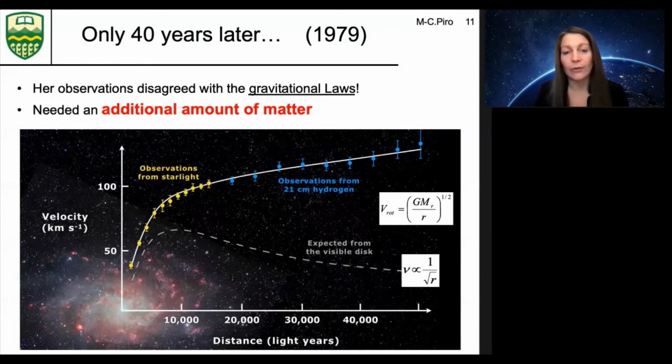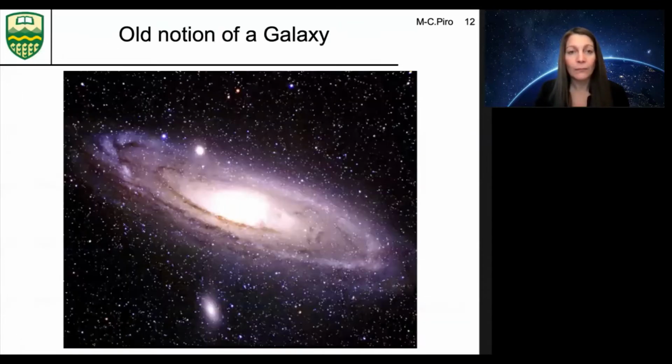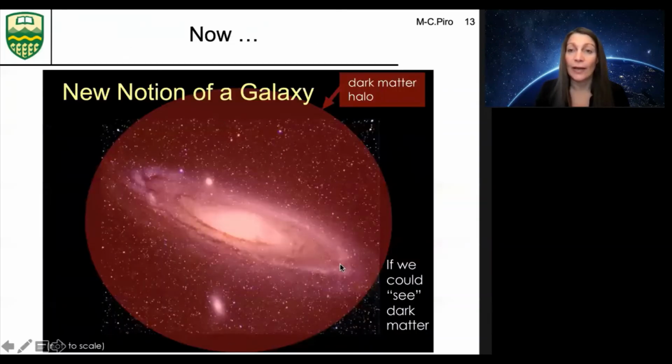In terms of the notion of the galaxy, this is what we have as a whole. But if we could see dark matter, in fact, we should see a halo of dark matter. Thanks to all of this proof, we were able to reconstruct the energy content of our universe.